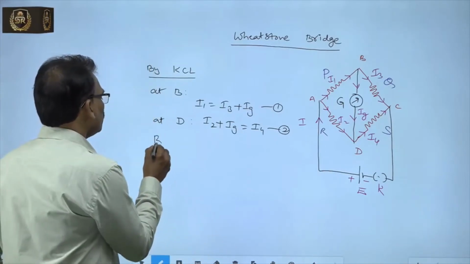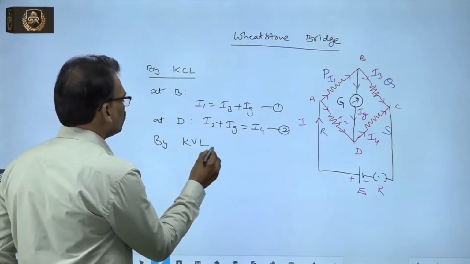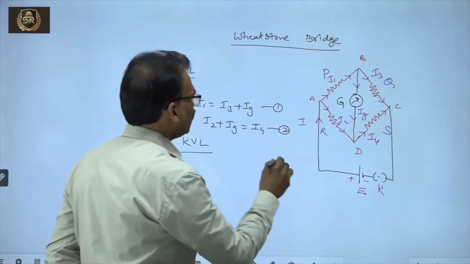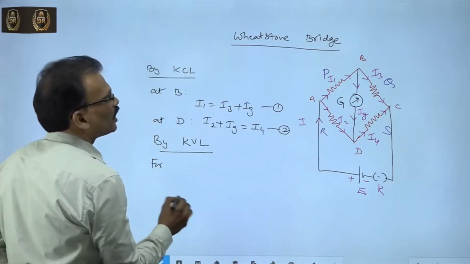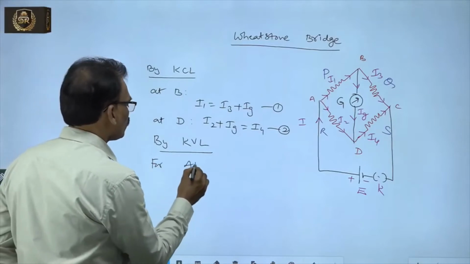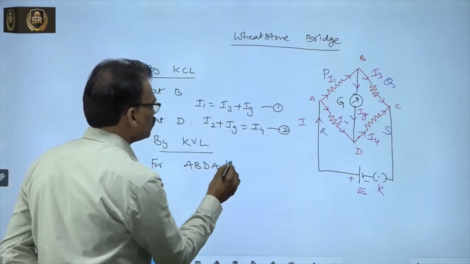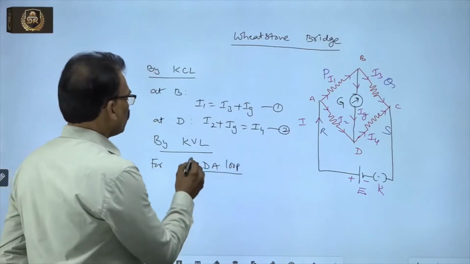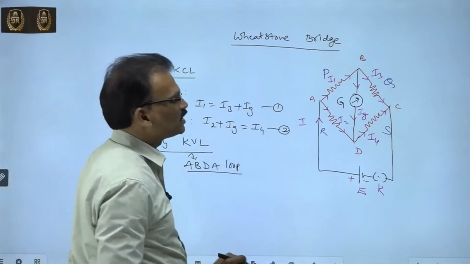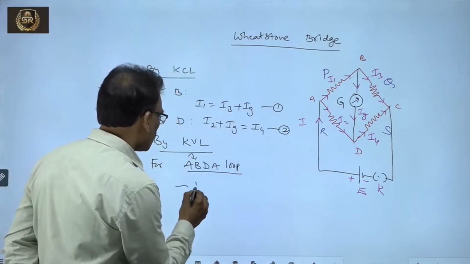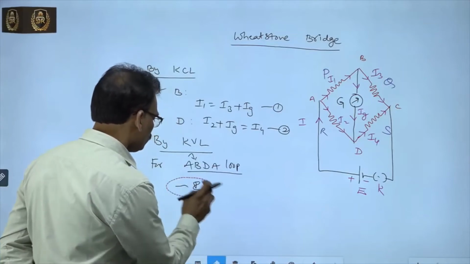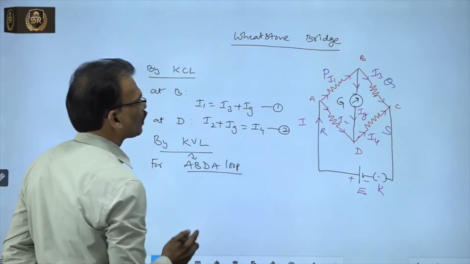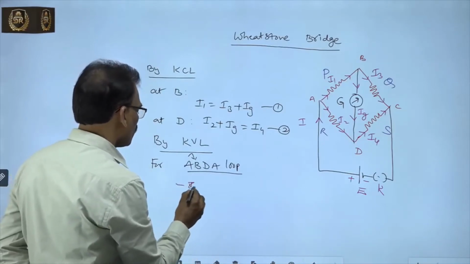Next, by Kirchhoff voltage law, we have to apply it for a closed loop. So many loops will be there, but for the ABDA loop, what will it be? You are going from A to B, in the same direction as the current flowing, so minus I1P.